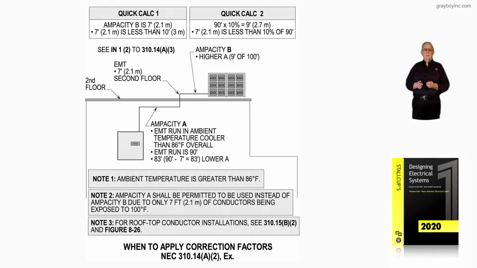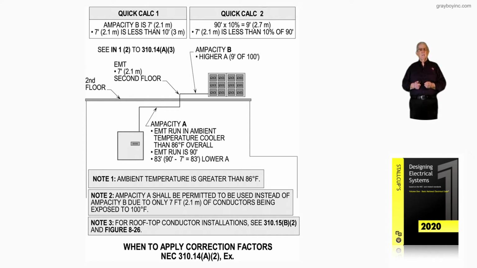Note 2: ampacity A shall be permitted to be used instead of ampacity B due to only 7 foot of conductors being exposed to a temperature higher than 86 degrees Fahrenheit. Note 3 says for rooftop conductor installations, see 310.15(E) and figure 8-26.